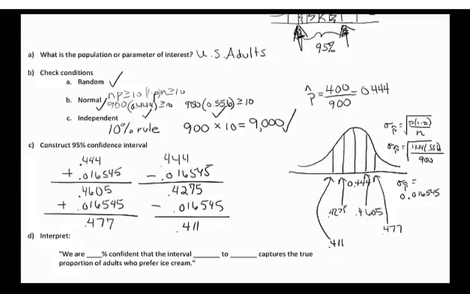So basically, your confidence interval in interval notation is spanning from 0.411 to 0.477.